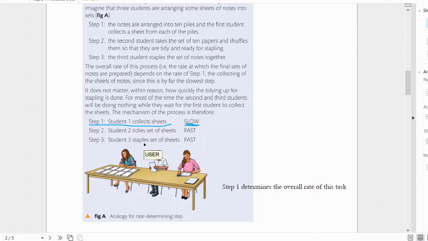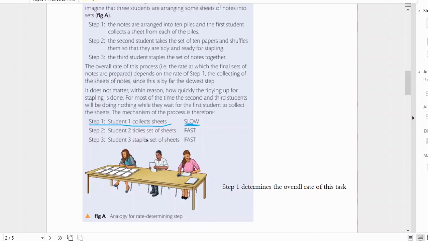Logically speaking, not all of these steps are going to be taking place at the same rate. For example, if we have collected up all the papers, it will not take much time for us to tidy them up. If we have tidied up the papers, it will not take much time for us to staple them up.